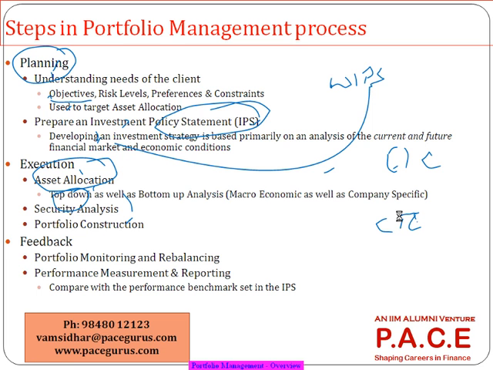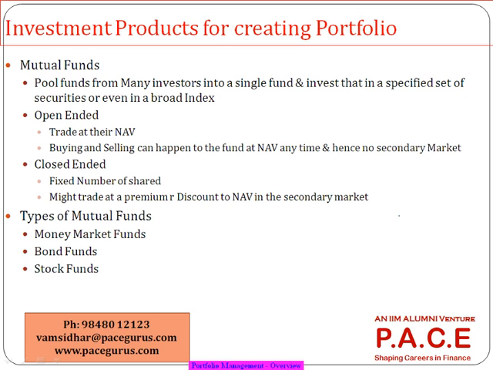Now, the important thing is, we are looking at the other dimension. Till now, we were understanding different kinds of clients. And now the next part is, what are the kinds of portfolios that are generally available in the market? There is a small difference.